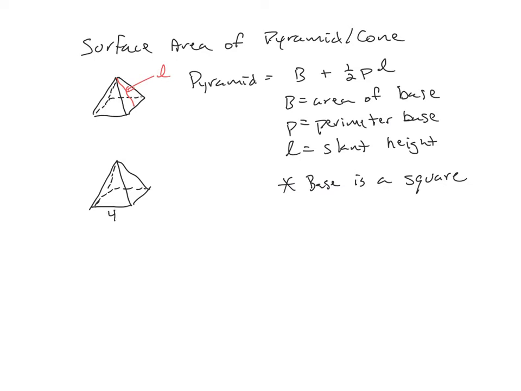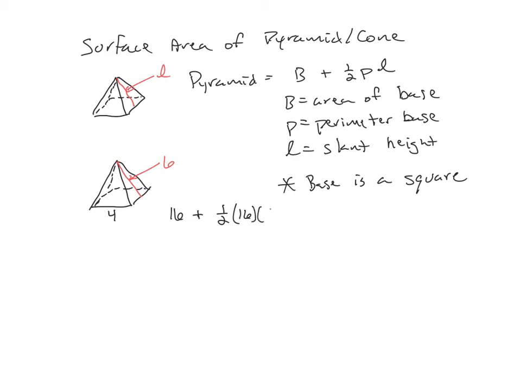Let's say this was 4 and that was say 6. Okay, so area of the base, remember it's a square, so 4 times 4 would be 16. And the perimeter of the base, 4 plus 4 plus 4 plus 4 is also 16.